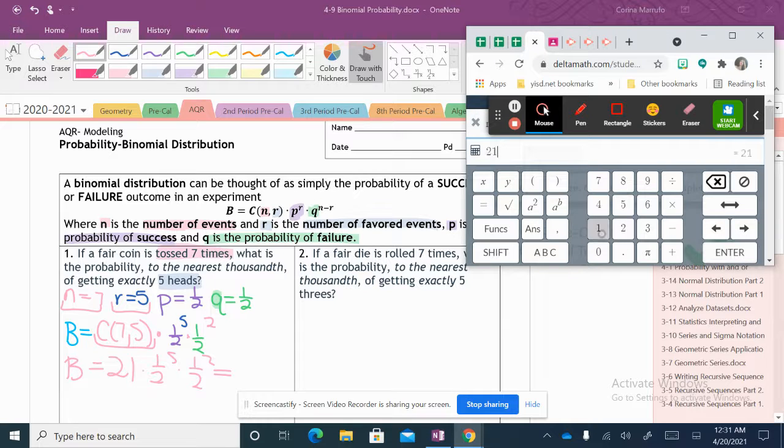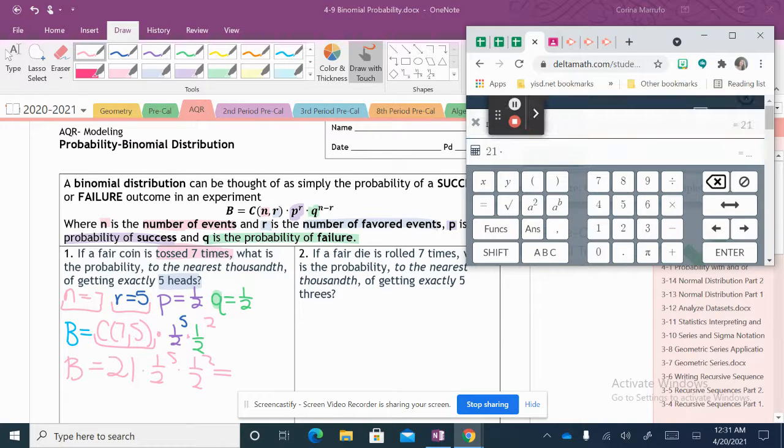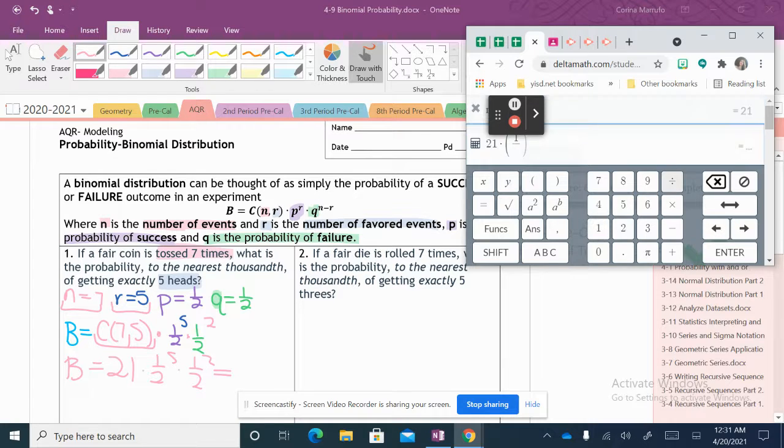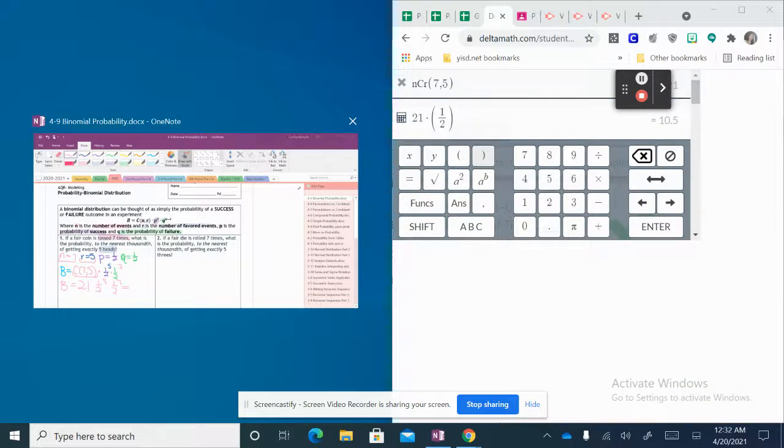So 21 times, parentheses, 1/2, close parentheses, to the power of 5. Let me split the screen, that might be better.